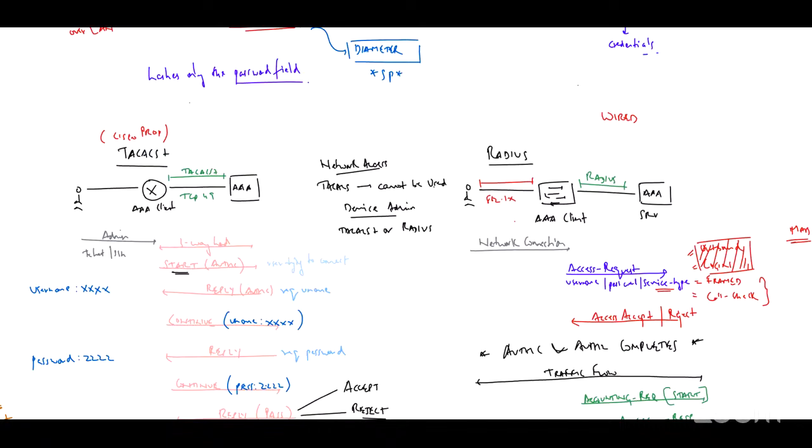Trying to connect wirelessly, or trying to connect remotely. These are the three ways in which you can have network access, and that's what we secure through RADIUS.